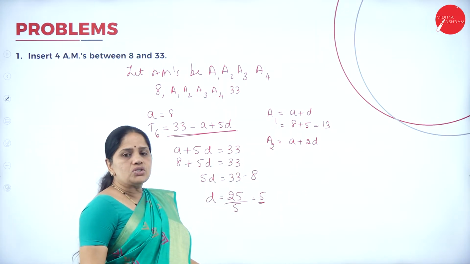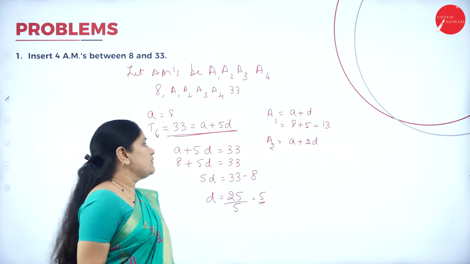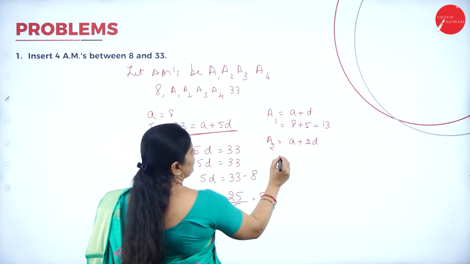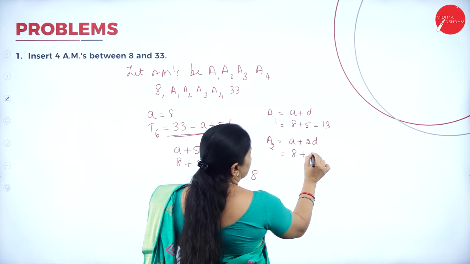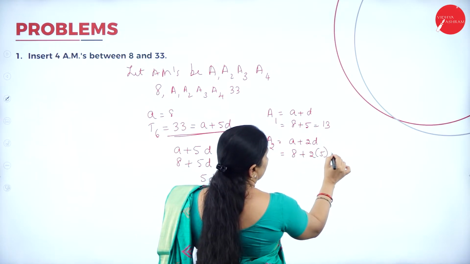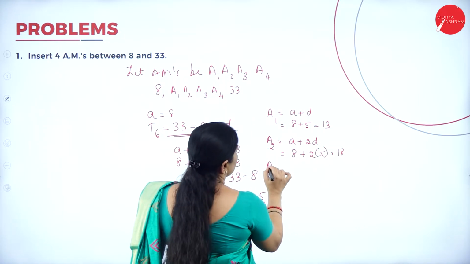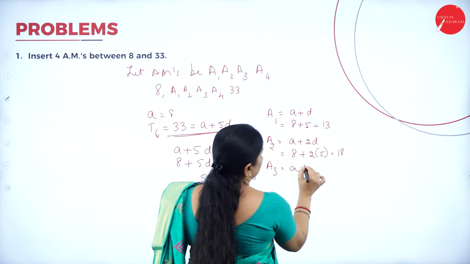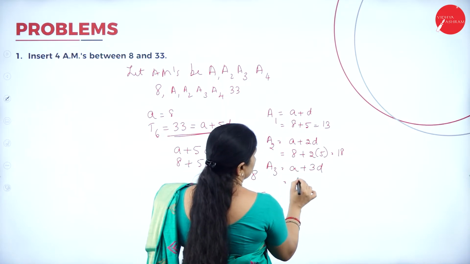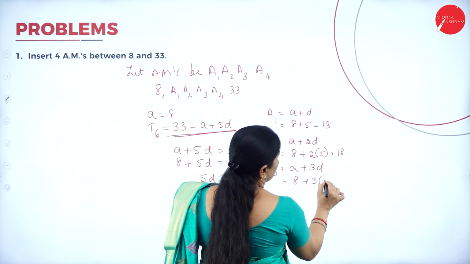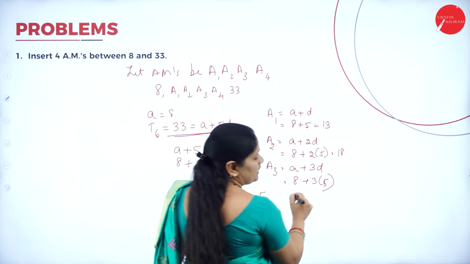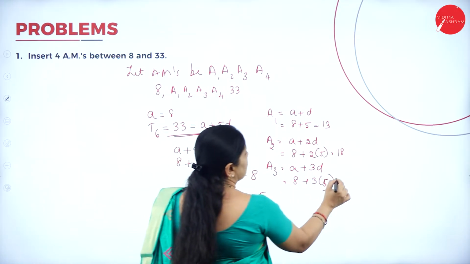By making use of that formula, we are solving the problem. So A2 will be equal to 8 plus 2 into 5, that is 18. Then A3 will be A plus 3D, 8 plus 3 into 5, 15 plus 8 is 23.